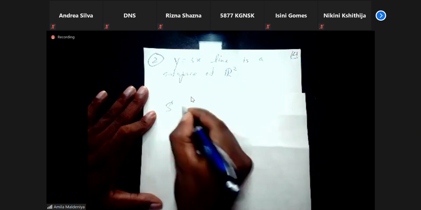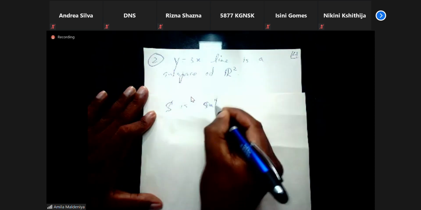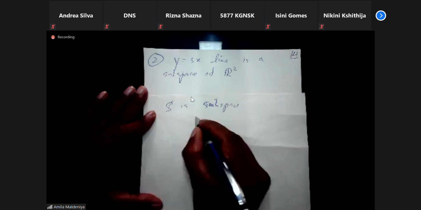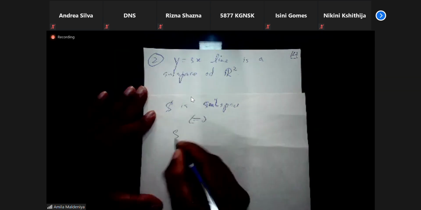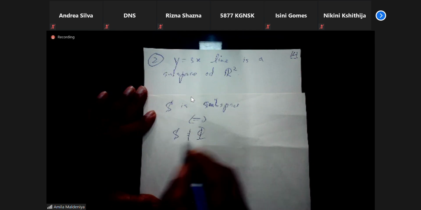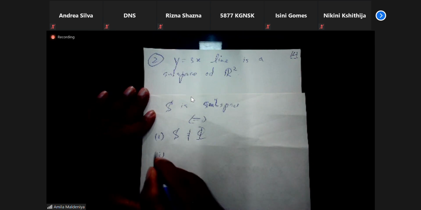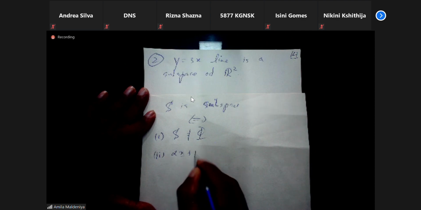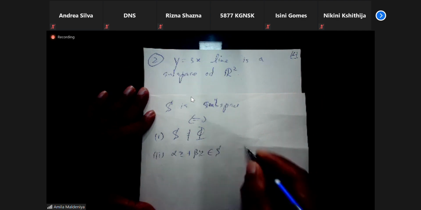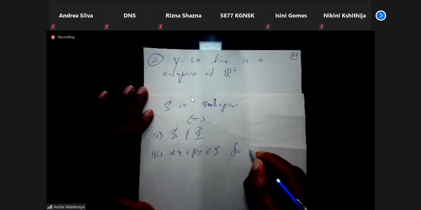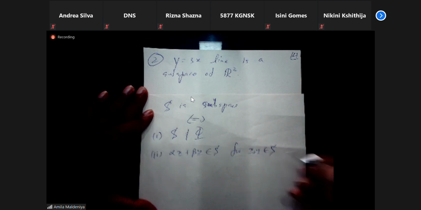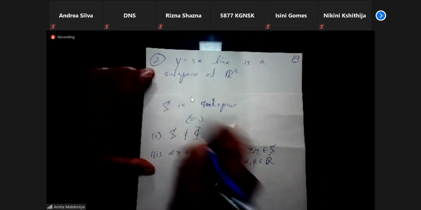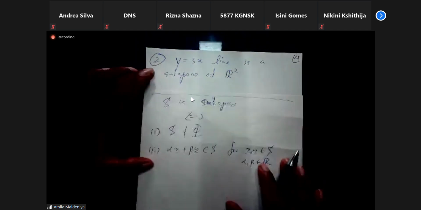Since you do not have notes, let me write down that theorem. If S is a subspace, then what you need to prove is: S is non-empty, and second, alpha x plus beta y is also in S for any x, y in S and alpha, beta real scalars.